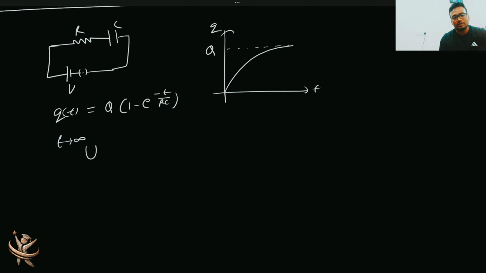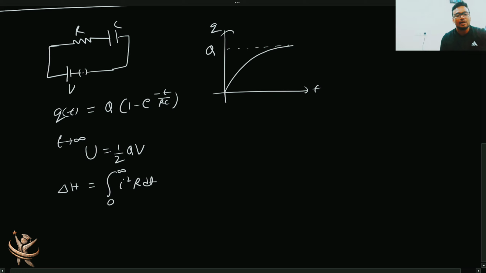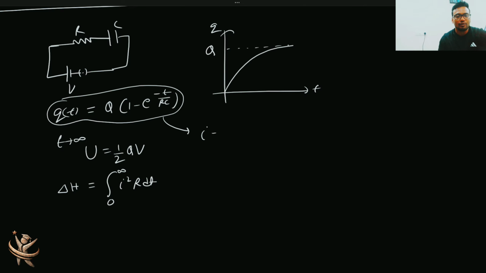So finally it is going to have the energy half QV. How to find the loss? The loss is the integral of I squared R dt from 0 to infinity. And how to find I? From Q you can directly get I, which is how current through the resistor is changing: I equals dq by dt.